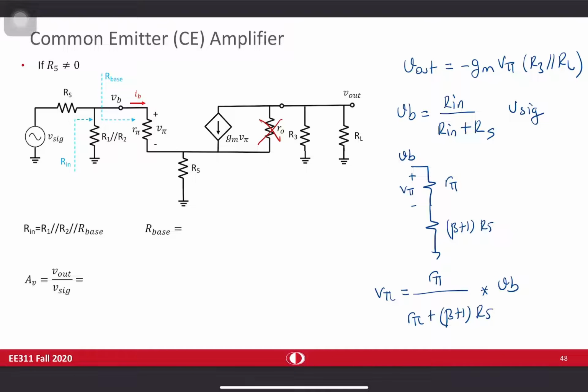So if you add them up all together, the overall gain will be minus Rin divided by Rin plus Rs times Gm R3 in parallel with RL times R pi divided by R pi plus beta plus 1 R5.